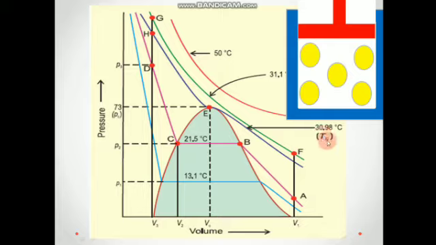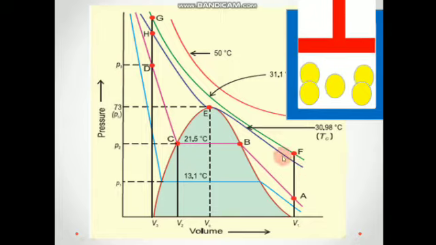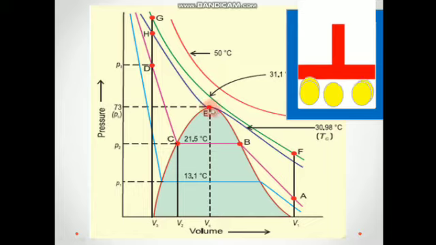So at 30.98 degrees Celsius, when he took carbon dioxide and started applying pressure, what happened? It decreased the volume from this point to this point, and particularly at this point, it suddenly converted to liquid form. So the gaseous carbon dioxide converted to liquid form in this state.